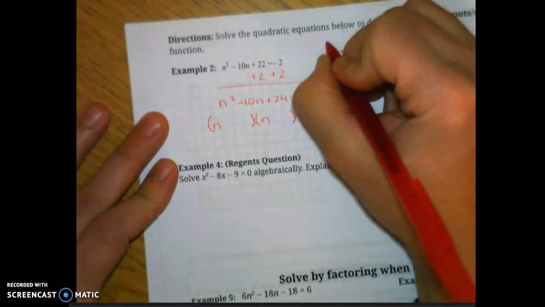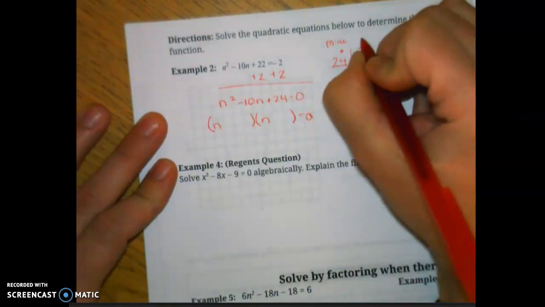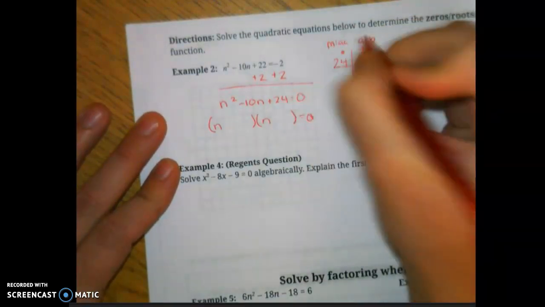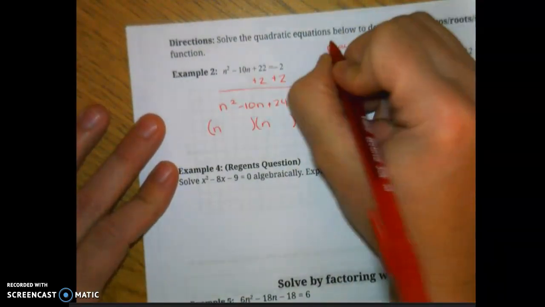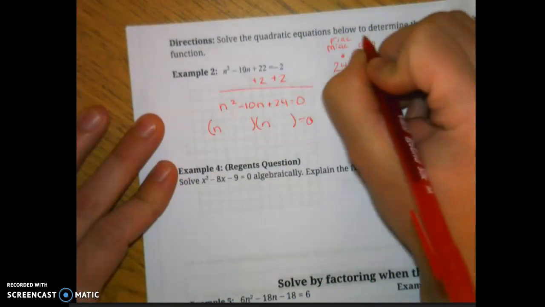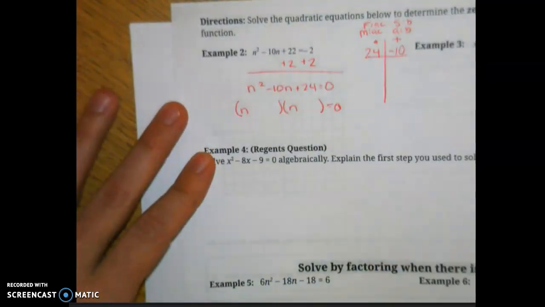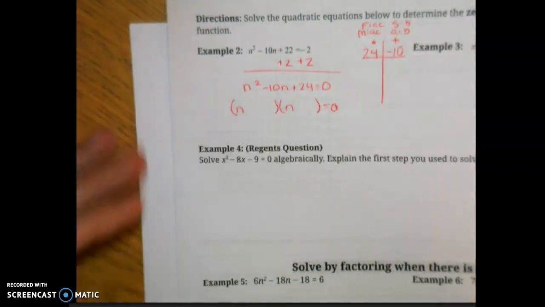If you want to write your letters up top, they multiply to a times c, and they add to b. Or if you have Miss Wire or Miss Iannone, they do factors of a times c with the sum of b. So I'm looking for two numbers that multiply to 24 and add to negative 10.